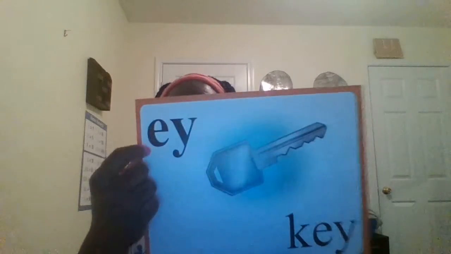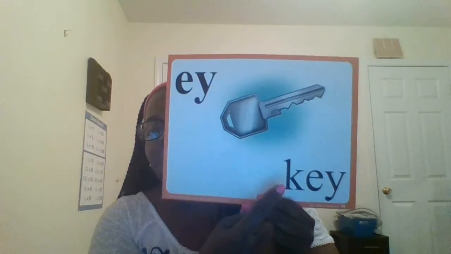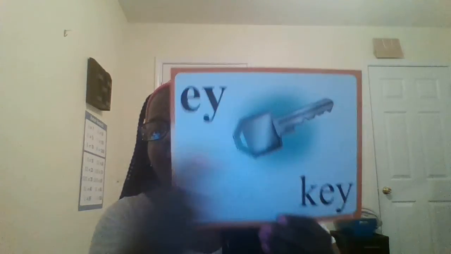All right, remember, some of our sounds that make this E sound: E in key, E-Y. E in leaf, E-A. So if I see an E-A, I know that it makes the E sound. E-Y, E sound.